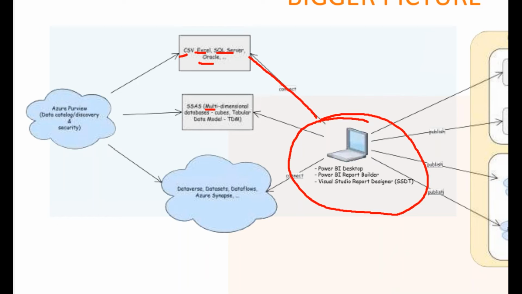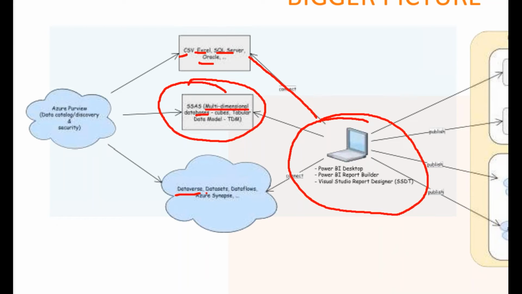So you'll end up using multi-dimensional databases or cubes or TDM if we have an on-premises scenario. So this is the enterprise on-prem sort of scenario where you're allowed to use just the on-premises servers, not the cloud portions. But if you're allowed to use cloud portions as well.